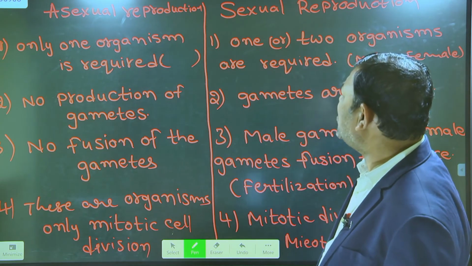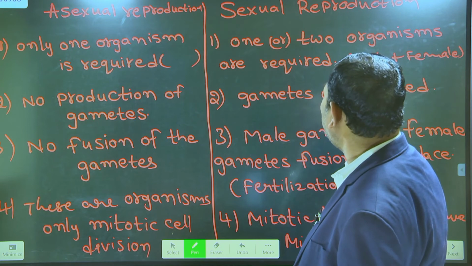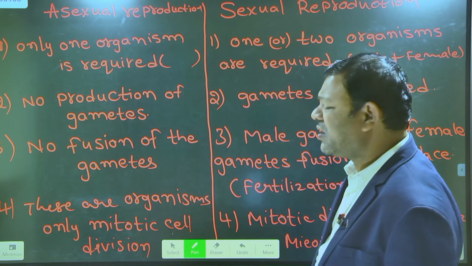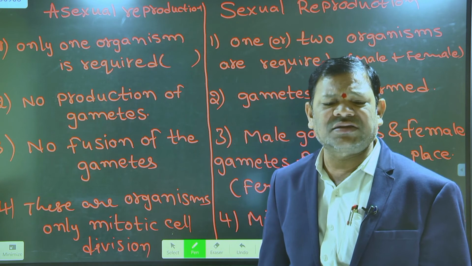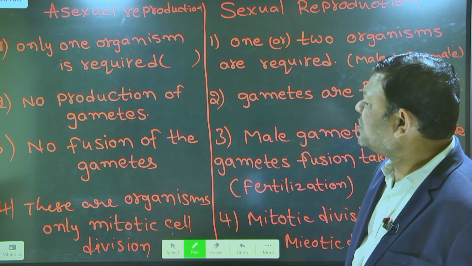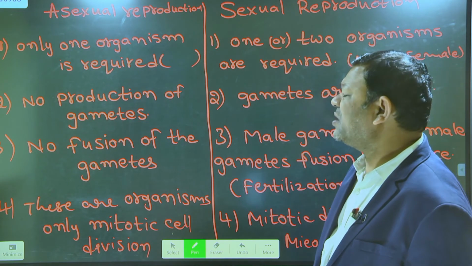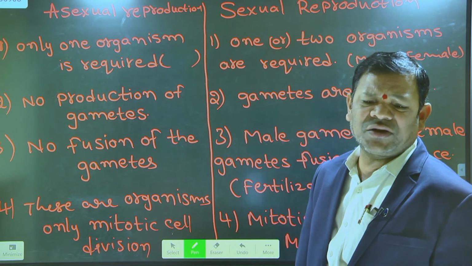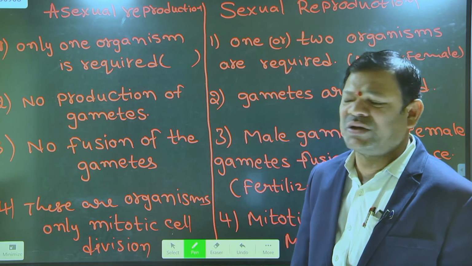But in sexual reproduction, a male organism and a female organism, two organisms, are required. If there are no two organisms, there is no sexual reproduction. Next, in asexual reproduction, gametes are not produced.